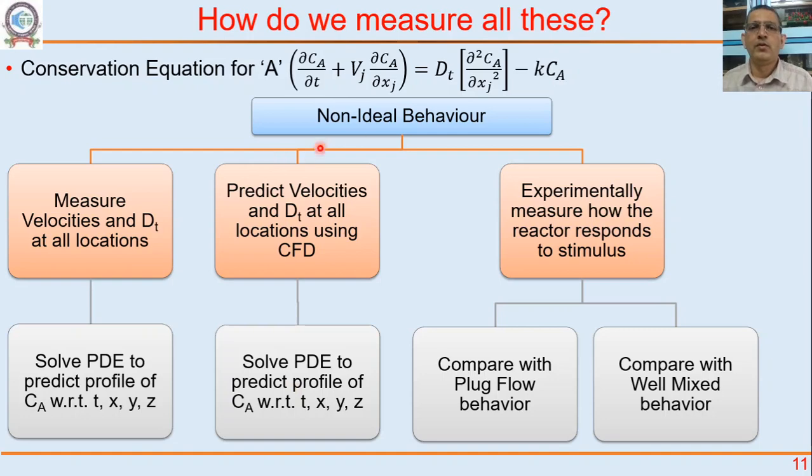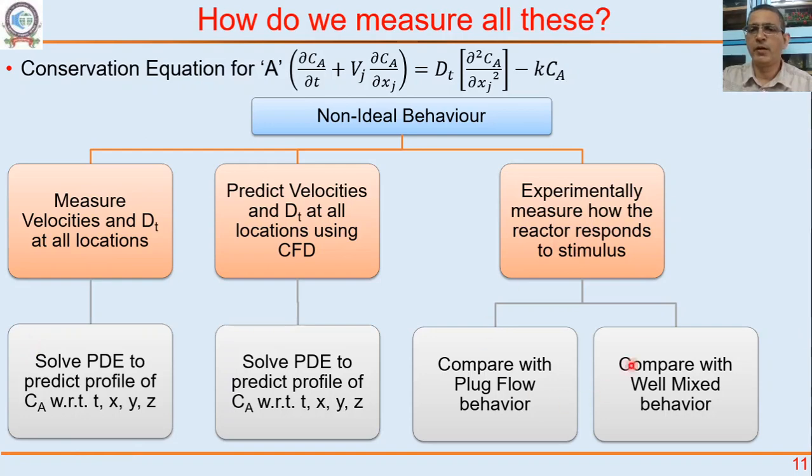Or third, we give a stimulus, we give an input to the reactor and see how the reactor responds and compare with plug flow behavior or compare with well mixed behavior. This is what we call our residence time distribution.